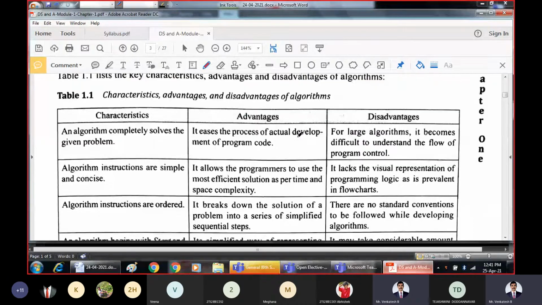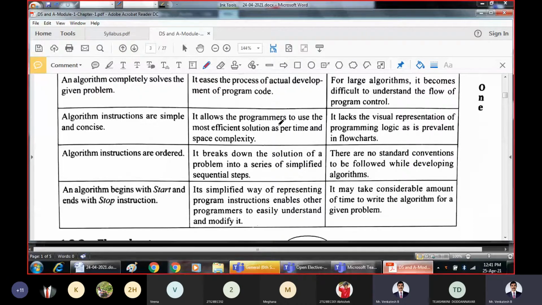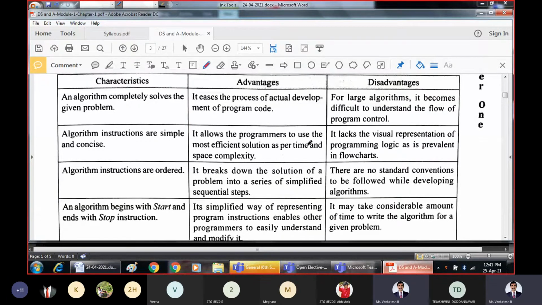Now let us see some of the characteristics, advantages and disadvantages of an algorithm. Whenever you are using an algorithm, these points you should know. What are the characteristics of an algorithm? It is going to solve the problem. That means we are going to provide a solution for the problem by using an algorithm. It is just a set of instructions, and the instructions are very concise in nature for giving the solution to the problem.